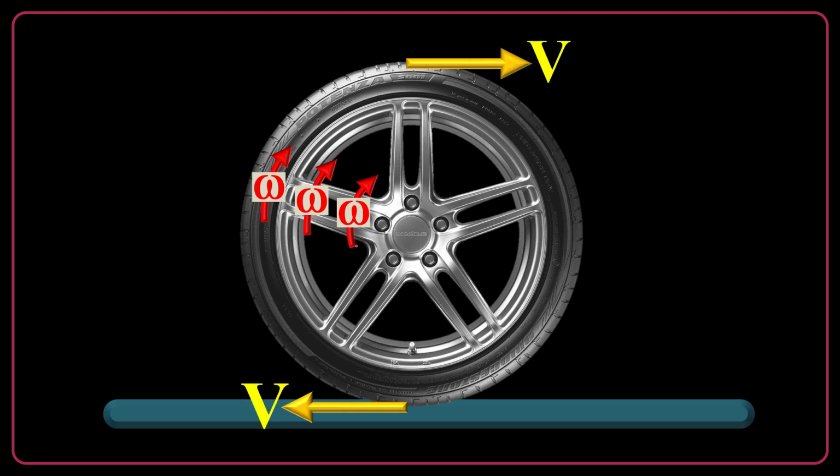Likewise, they will have the same angular frequency. So omega will be the same for all the points of this solid object. But speed is different. If you take the uppermost point, the point which is at the highest distance to the center, the v is the largest because v is equal to r omega.